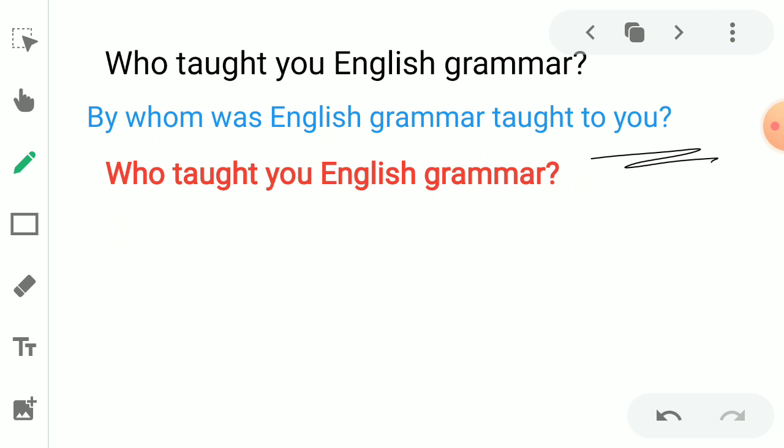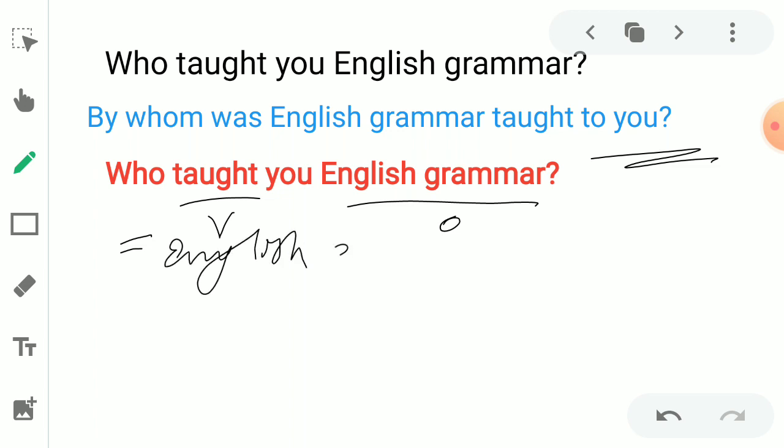At first, we have to recognize verb and object. Let me take taught as verb, English grammar as object. So in the first step, English grammar, object, that's why English grammar taught.